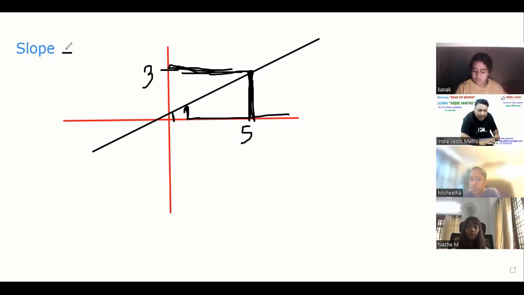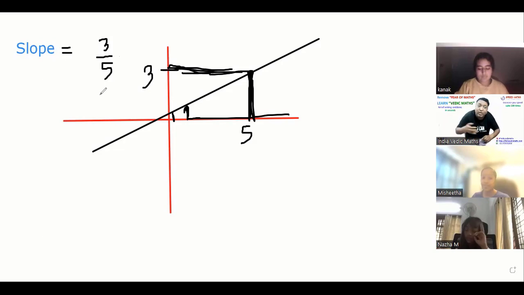The slope of this line is y over x, 3 by 5. Because you have to find the angle, we'll do tan inverse. Now I'll explain this with the example of an equation. But the concept of slope is how much this line is tilted toward the x-axis.